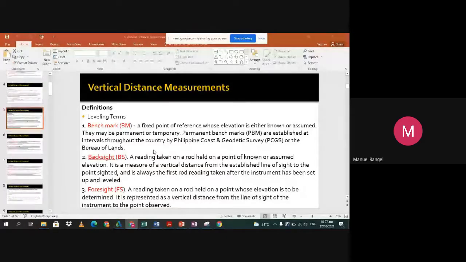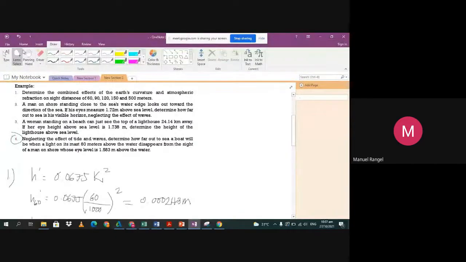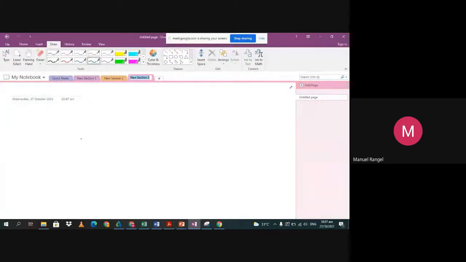Wala day drawing dire. So usually a backsight, so for example, this is the instrument. Sample lang. Then we have the rod here.